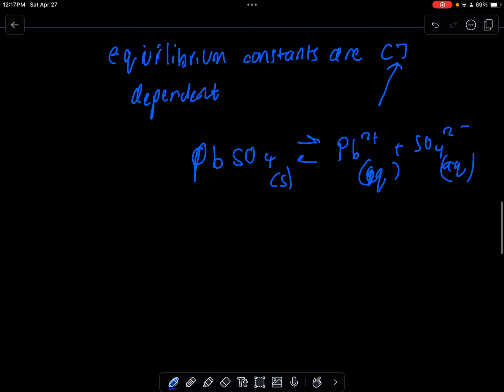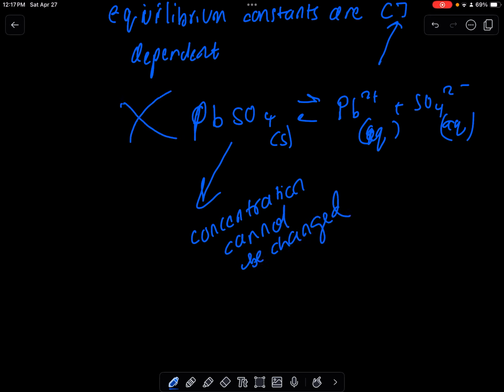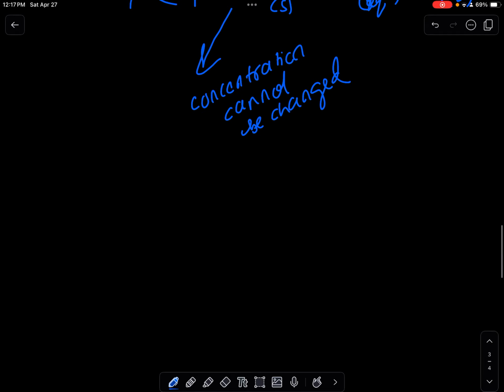Solids cannot be compressed, and their concentrations cannot be changed. So we don't include solids in the equilibrium constant. The other thing we don't include is pure liquids.